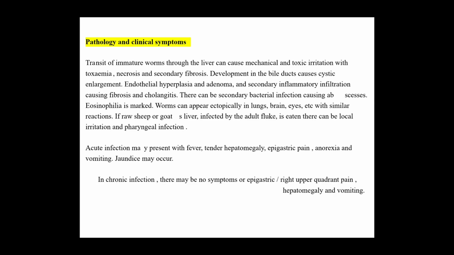All of this can explain why the infected ones may not show symptoms. Now, epigastric pain, right upper quadrant pain, hepatomegaly, and vomiting, all these symptoms are related to chronic infection.